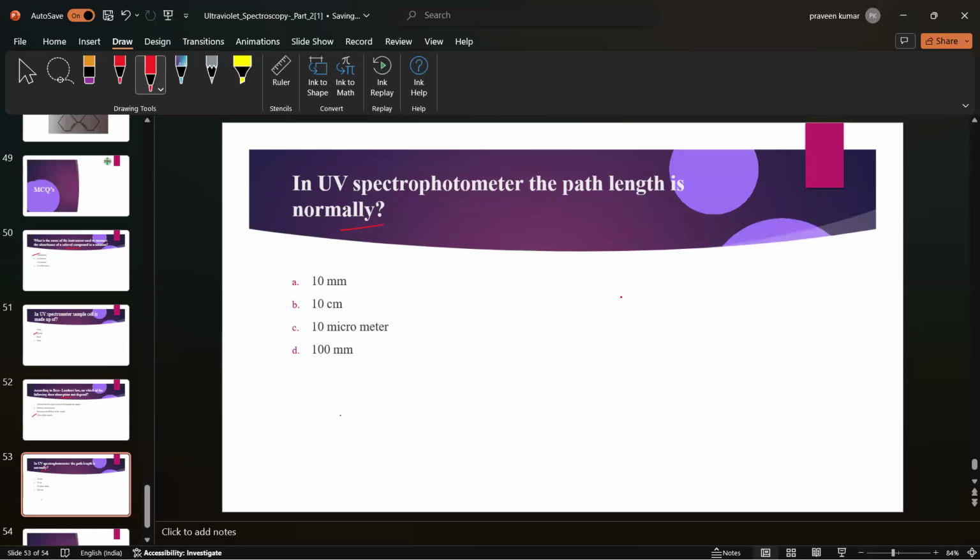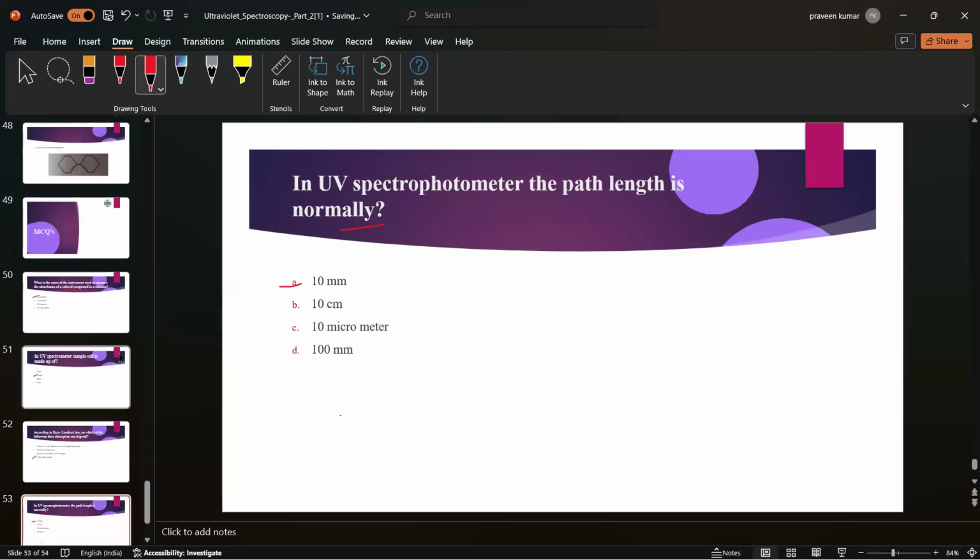It is 1 centimeter. So 1 centimeter is equal to how many millimeters? 1 centimeter is how many millimeters? Ten. So the answer would be 10.